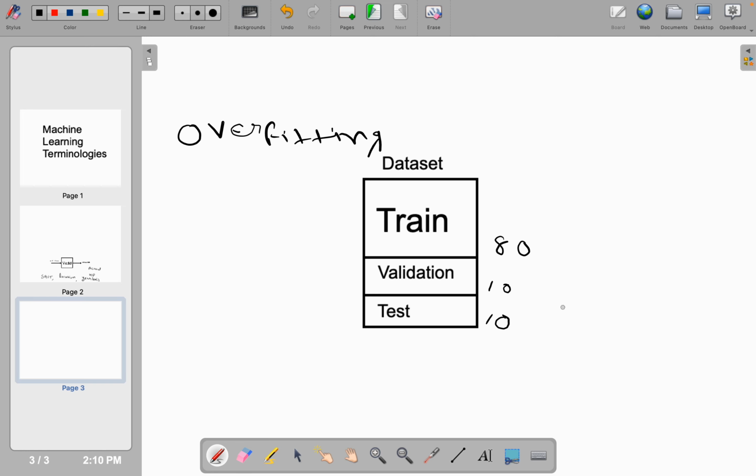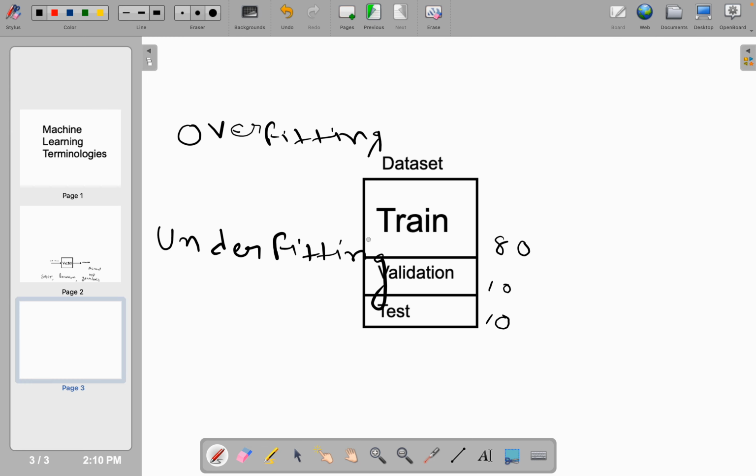Another term, after overfitting, is underfitting. Underfitting is the reverse of overfitting, I would say. Underfitting happens when the model fails to learn effectively from our training data. It can be like not learning anything from our training set, right?